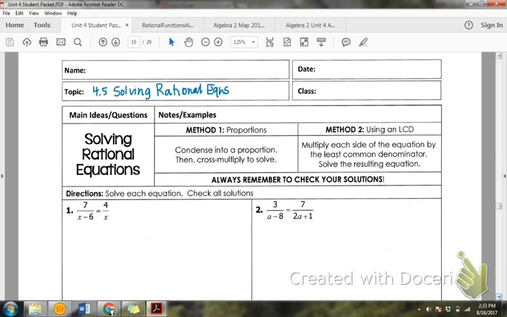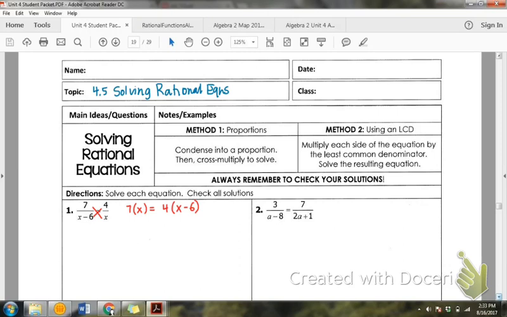So in example 1, if I cross multiply these, I'm going to do 7 times x equals 4 times x minus 6. This is nothing new to us. We've done this before. We know how to do this.